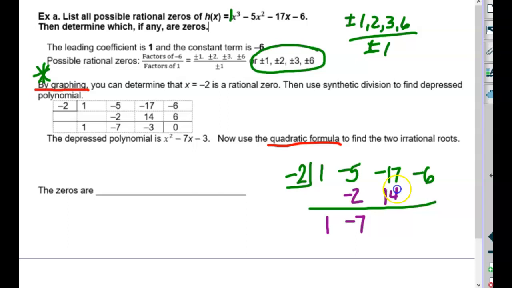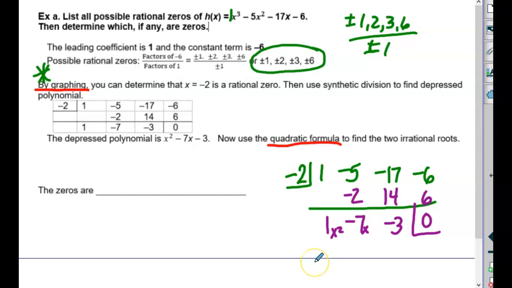Then I have 14, -3. -2 times -3 is +6. If it worked when I graphed it, it better come out, right? With a 0. Okay. This depressed polynomial, then, this is a -3, this gets an x, this gets an x squared.